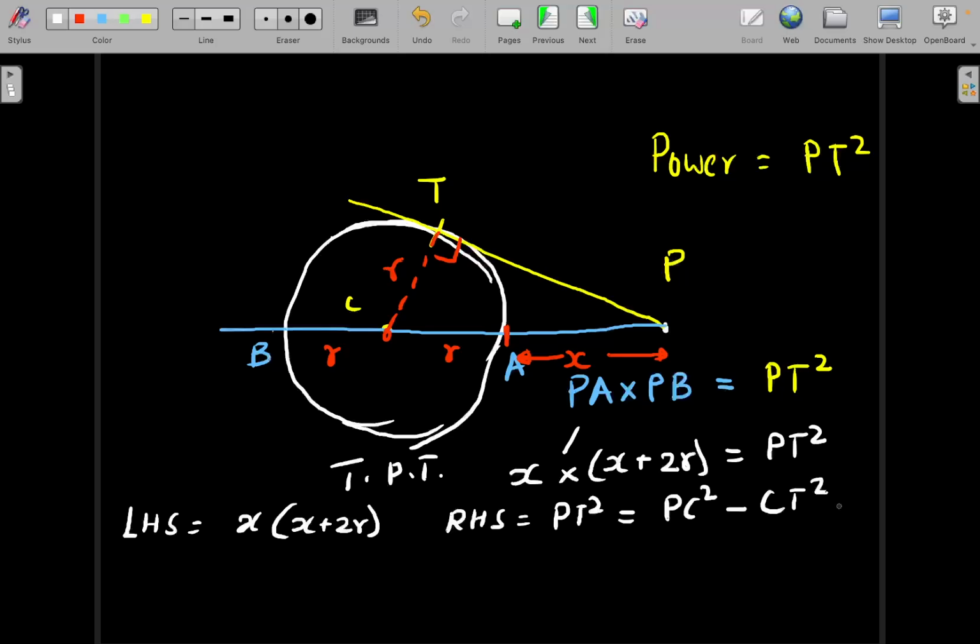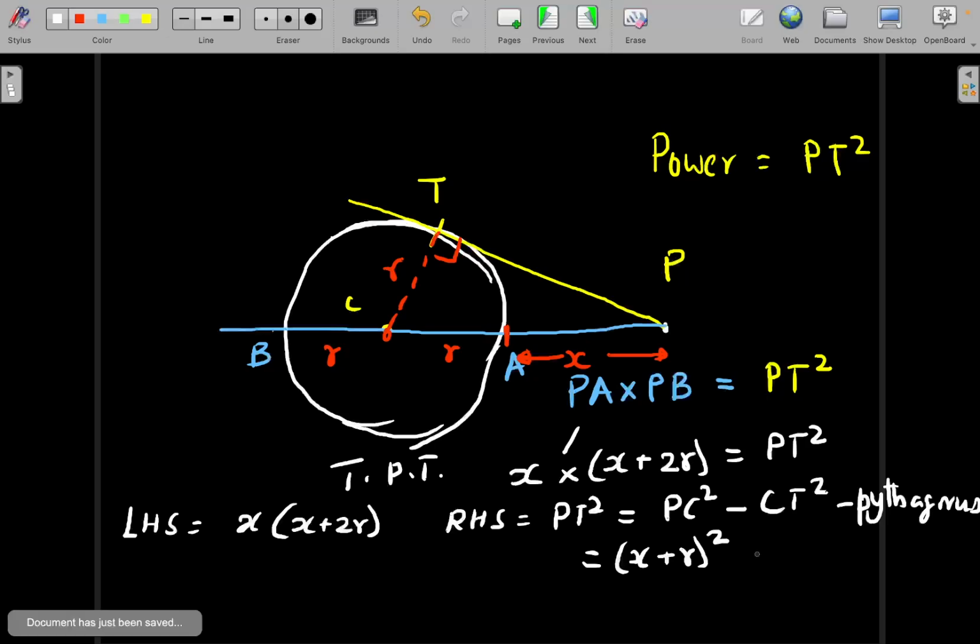This is due to Pythagoras because there is a right angle triangle here. And now we just need to substitute. RHS is equal to PC, which is x plus r, whole square, minus CT square, which is equal to r square.